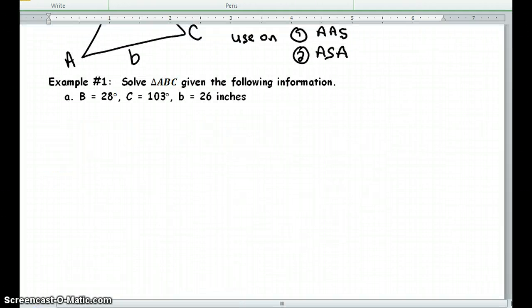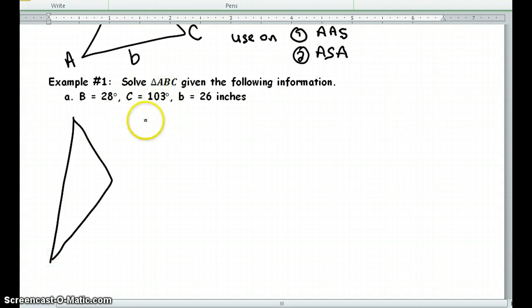Okay, example 1. Solve triangle ABC given the following information. Angle B is 28 degrees, angle C is 130 degrees, and side B is 26. So I'm going to draw a triangle here. Keep in mind that C is supposed to be an obtuse angle, so a little bit greater than 90. So this is C, and I'll make this A, and I'll make this B. All right, and then the given information here, I know angle B is 28 degrees.